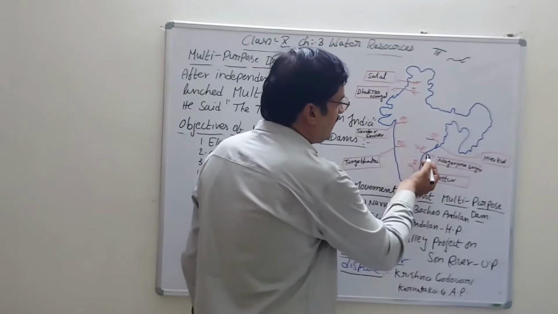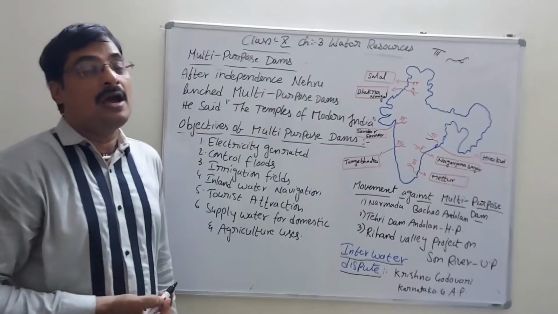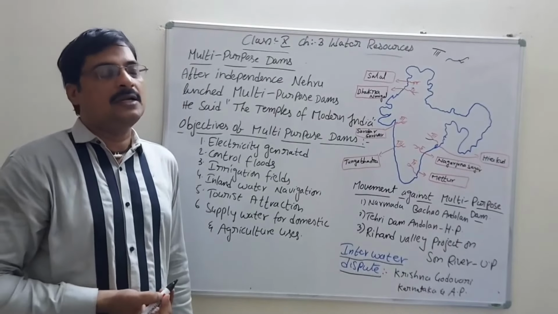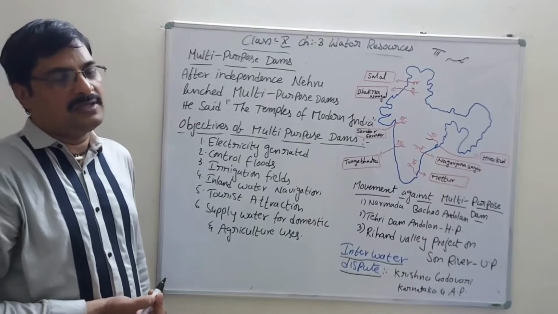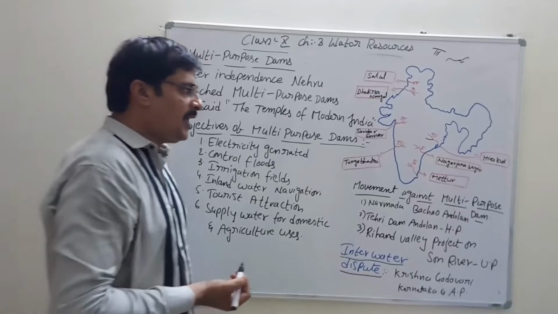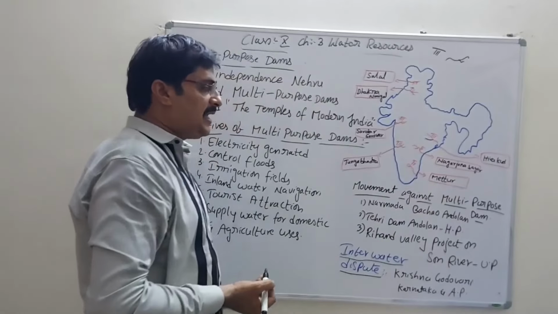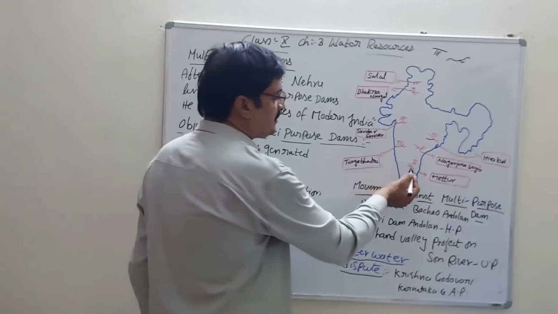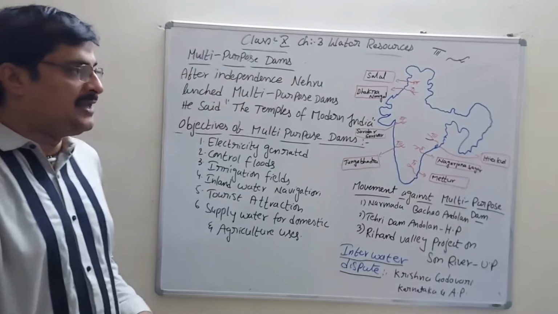Now coming to Andhra Pradesh, we have the Krishna and Godavari rivers. On the Krishna river, one project is the Andhra Pradesh Nagarjuna Sagar Dam. And one more project is in Tamil Nadu, on the Kaveri river: the Mettur project in the Tamil Nadu area.